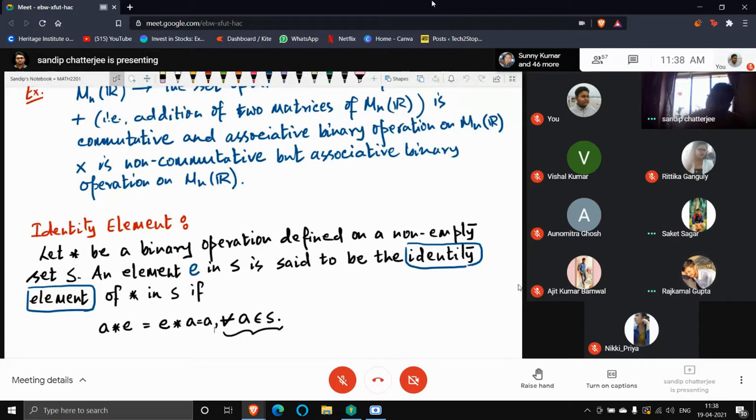The null matrix. Absolutely correct. And in case of matrix multiplication, what is the identity element? Identity matrix. So my E is the identity matrix in that case.